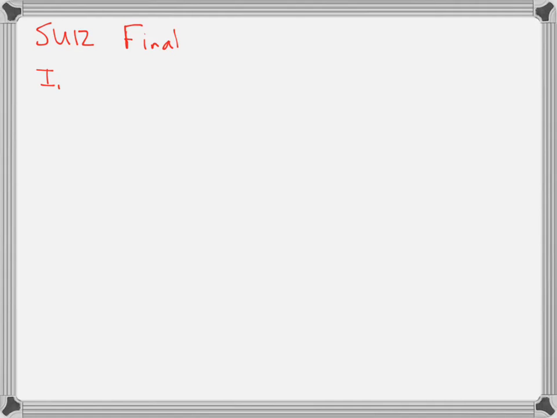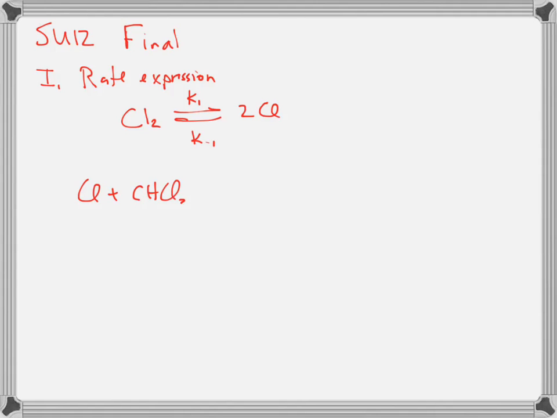We're looking at rate expression. Given the following mechanism, we are told Cl2 goes to Cl, plus CHCl3, K2.